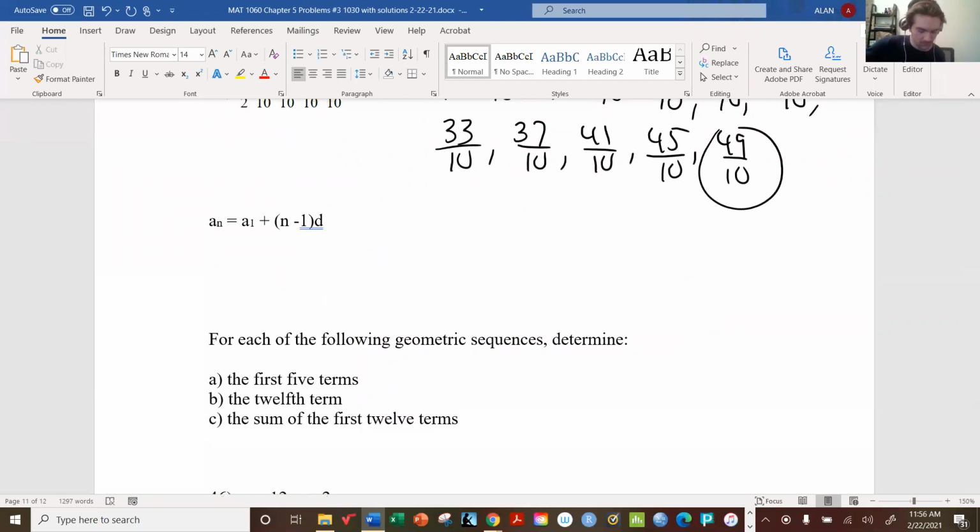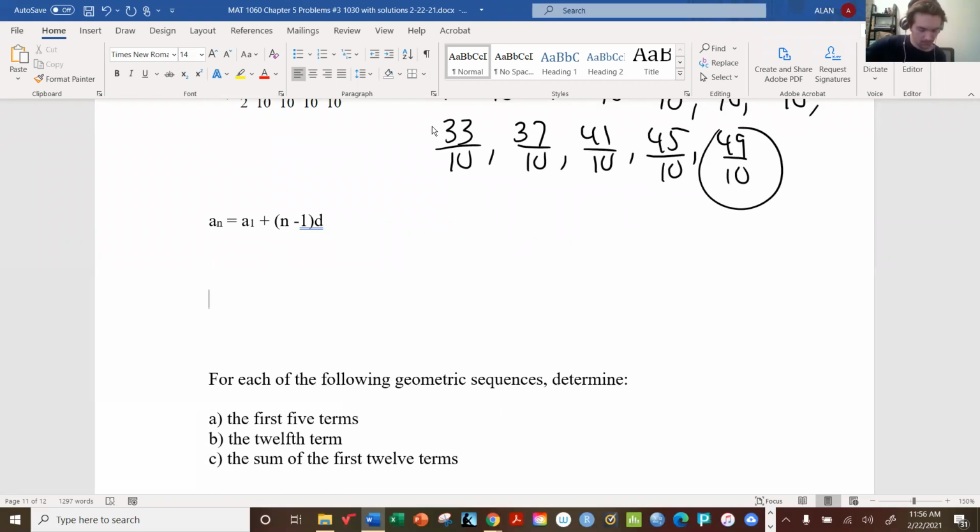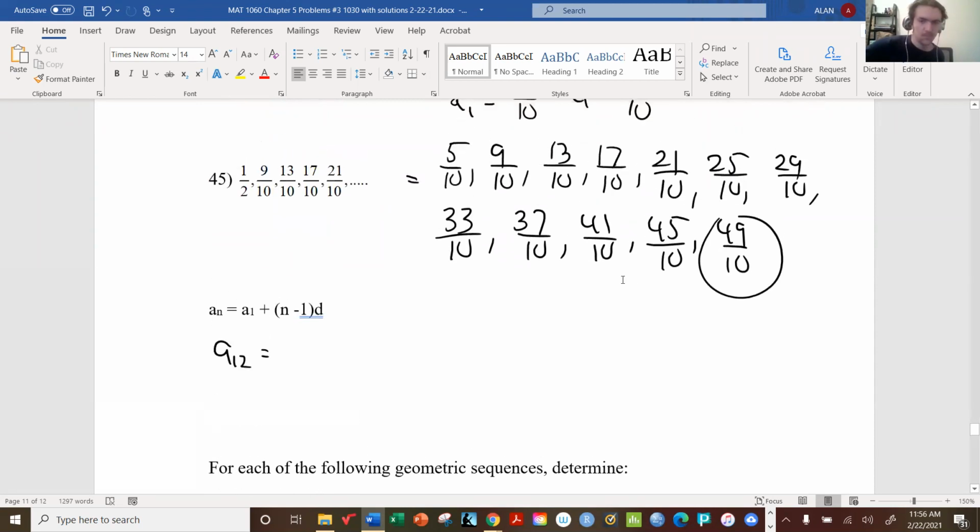And if we do that, we'll get, I'll just write it out by hand, I guess, because of all the fractions, A12. So we start out with 5/10 plus 12 minus 1 times 4/10.